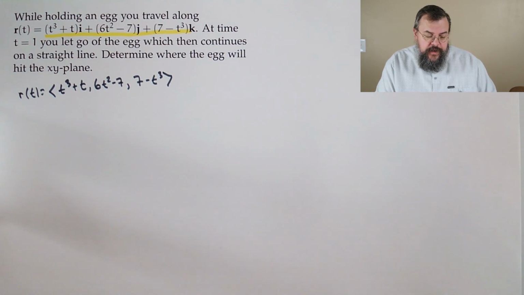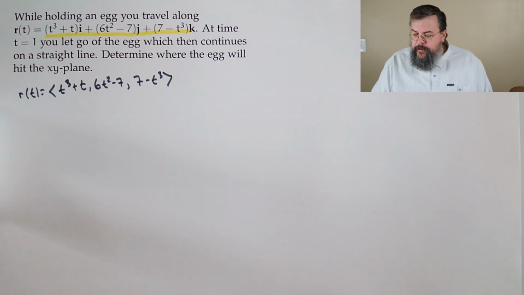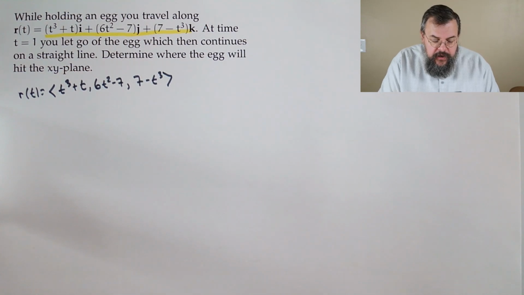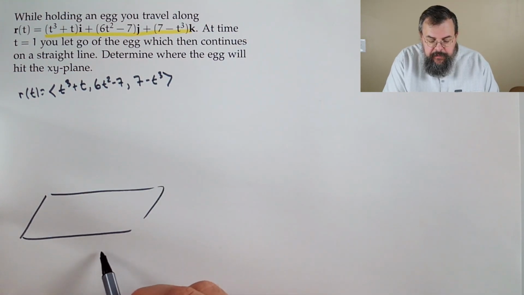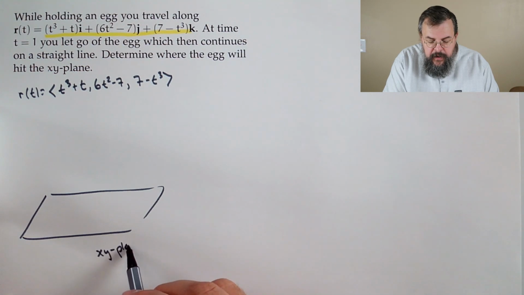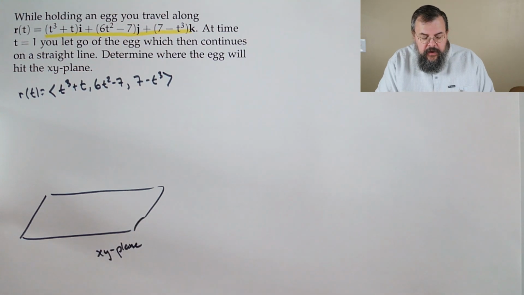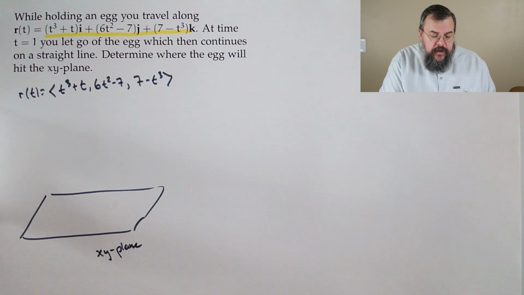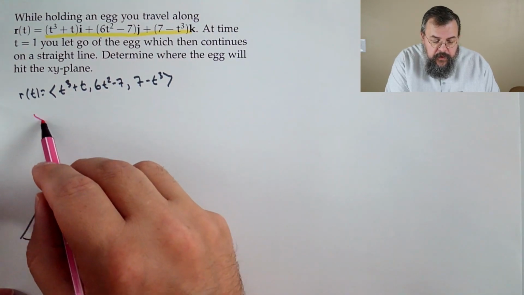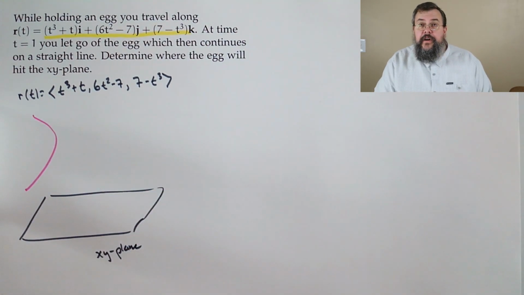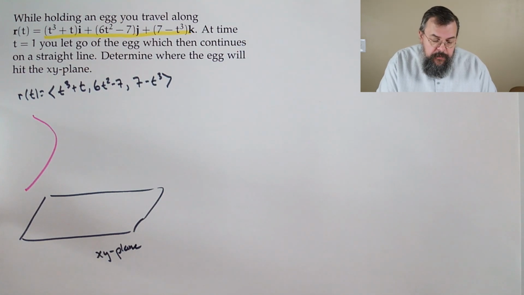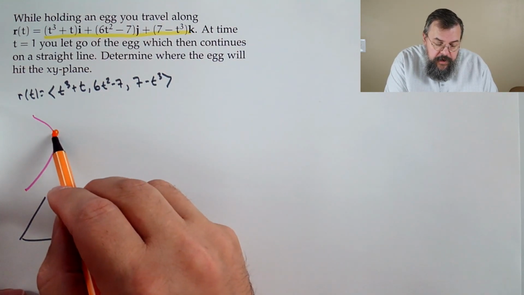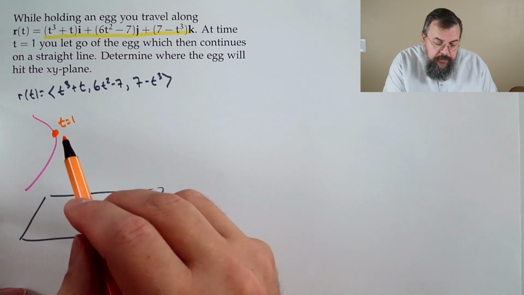So, what's our picture here? Well, here's our xy plane. And we move along in some curve. So there's our curve on which we travel. And at a particular time, we release. So maybe this is where we're at time t equals 1.